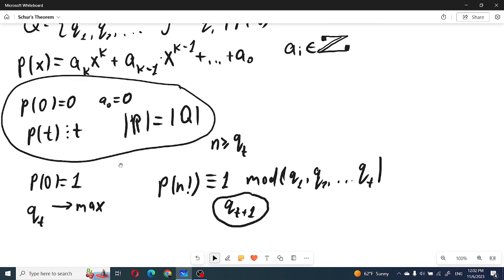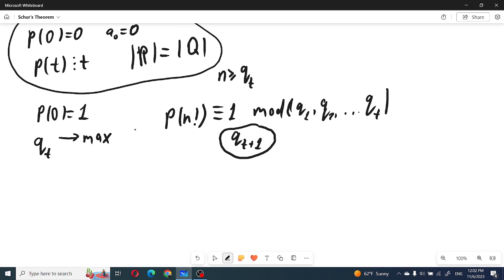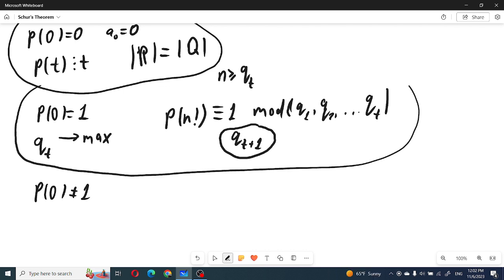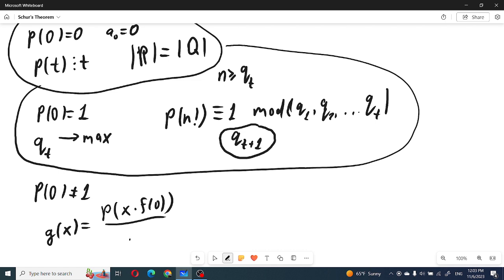Now let's discuss the last case, where p of 0 doesn't equal 1. So this was the case where p of 0 was 1, and above was the case where p of 0 was 0. In this case, let's take another polynomial g of x such that g of x equals p of x times p0 over p0.